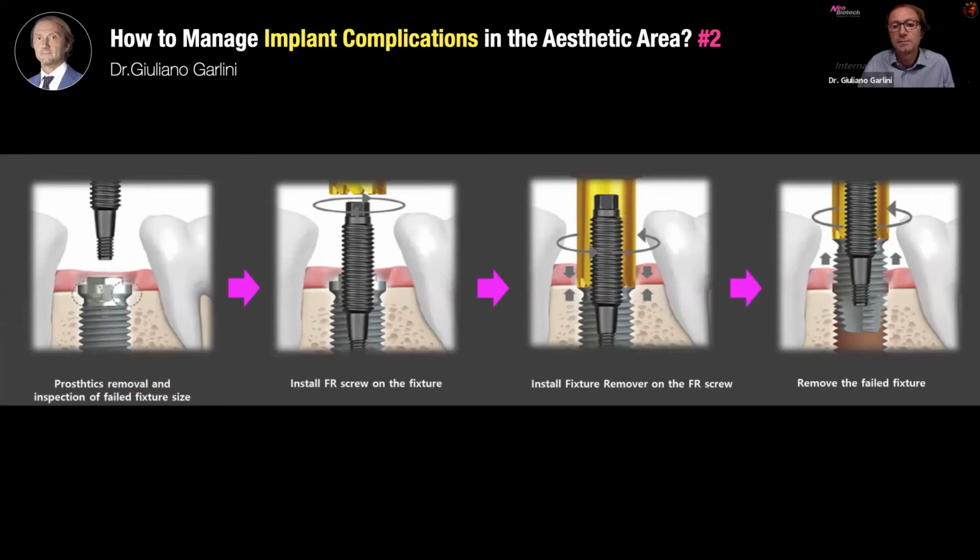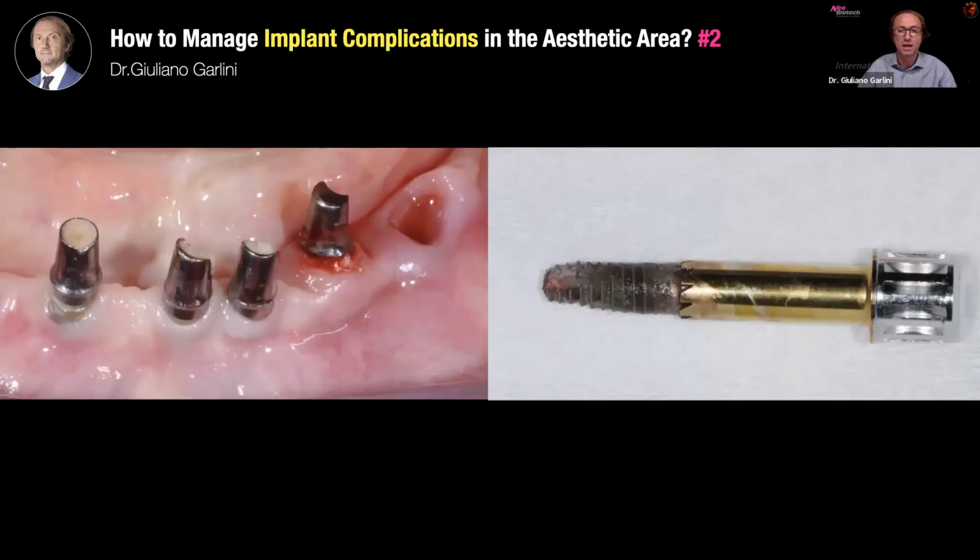And by choosing the correct fixture remover, which is able to capture the neck of the implant that you are removing, by moving the fixture remover with a wrench in a clockwise rotation, you can easily remove the implant, as I did, for example, in this case.